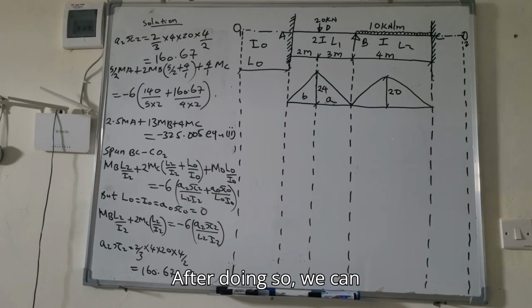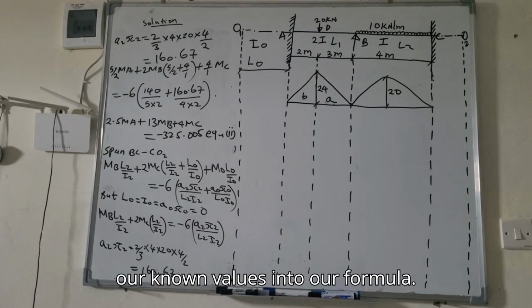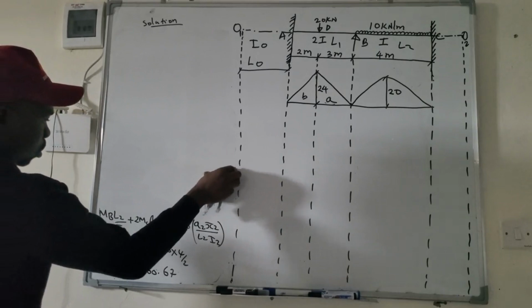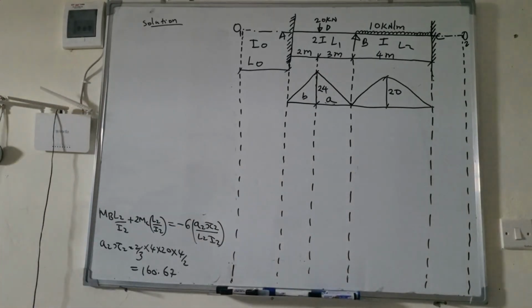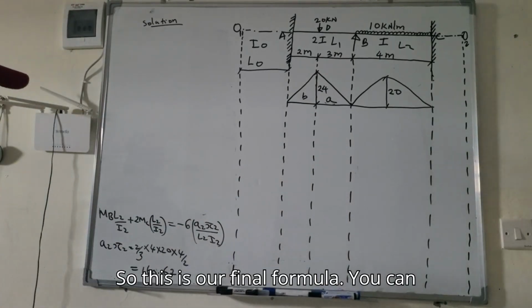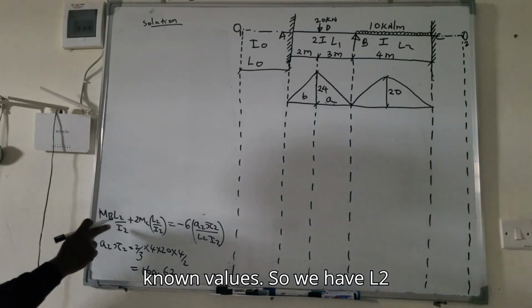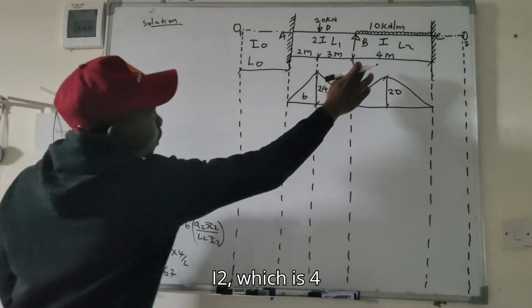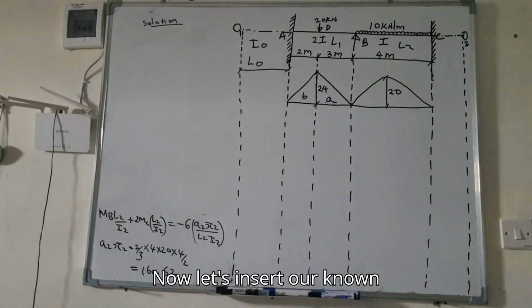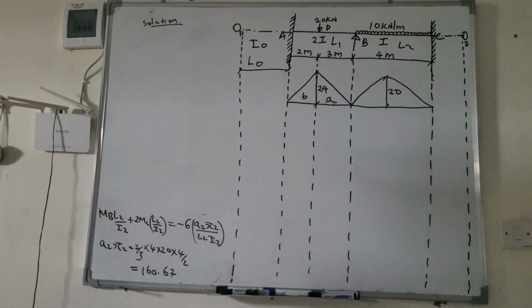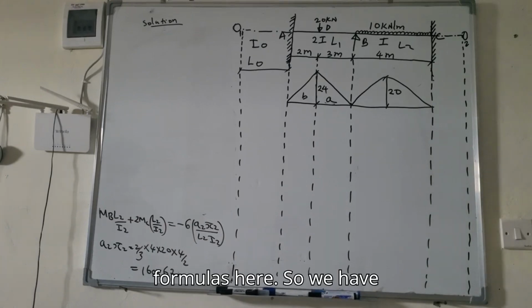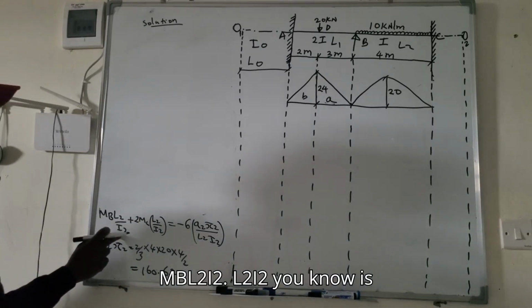After doing so, we can now put our known values into our formula. So this is our final formula. We can insert values in this formula, the known values. So we have L2I2, which is 4. Now let's insert our known values into these formulas here. So we have MB L2I2.